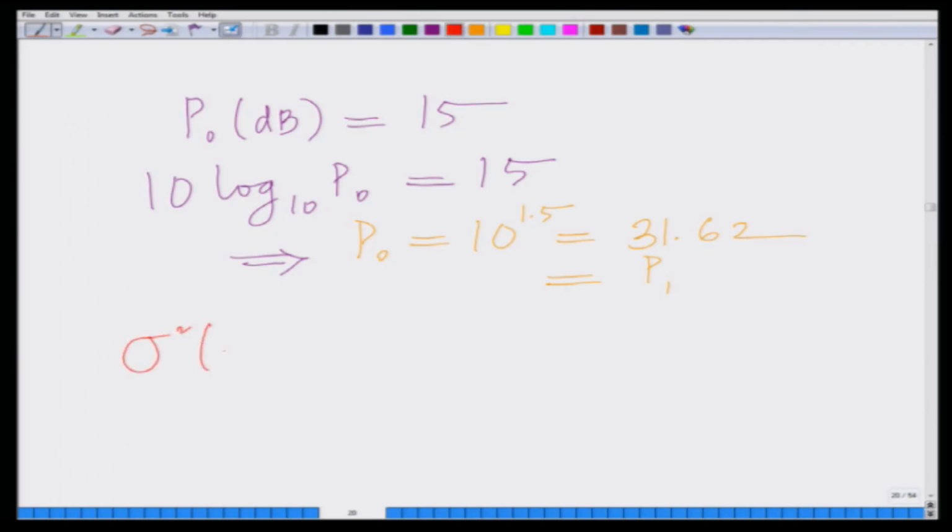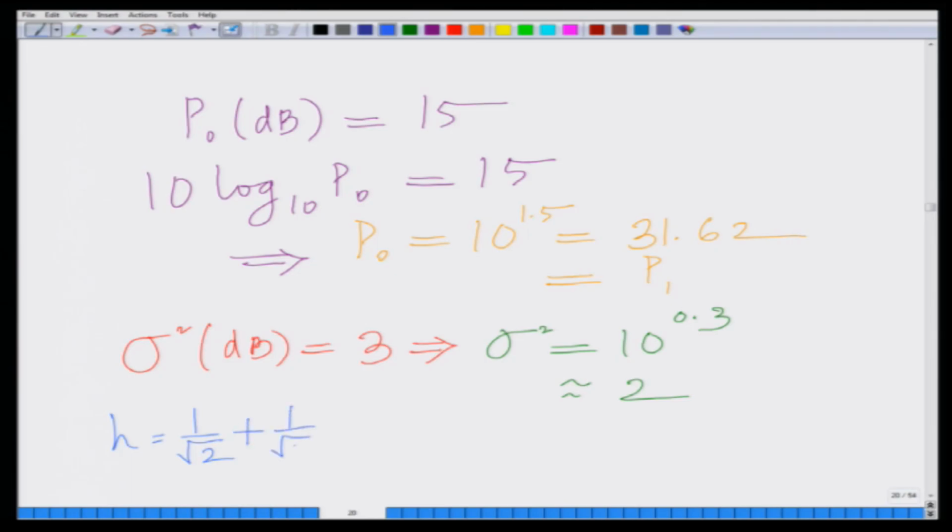We have sigma square in dB equals 3, which implies sigma square equals 10 to the power of 0.3, approximately equal to 2, because 3 dB is approximately equal to 2. We have the channel coefficient h equals 1 over square root of 2 plus 1 over square root of 2 j, which implies magnitude of h square is equal to half plus half, which is equal to 1.